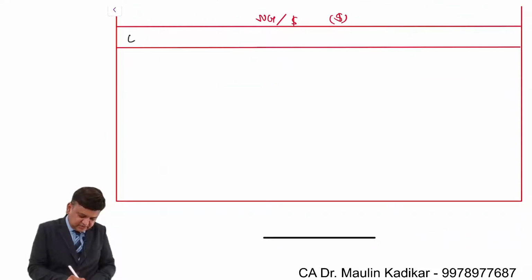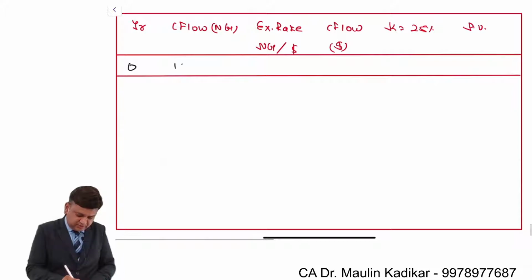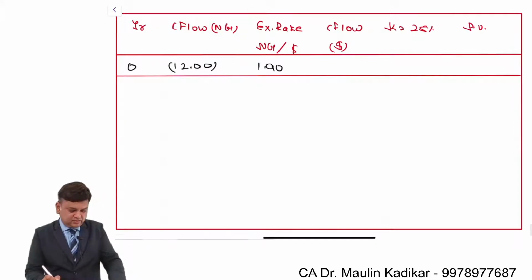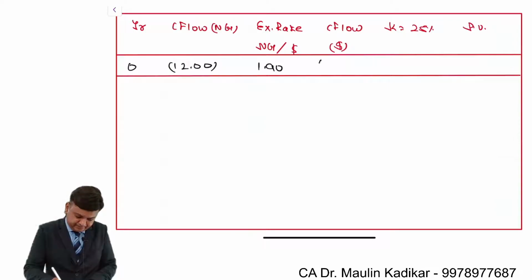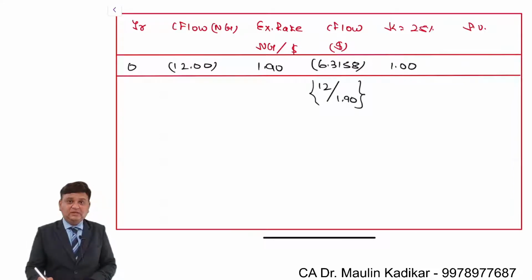Year 0 once again, it is 12 million guilders, exchange rate is 1.90. So 12 divided by 1.9, it is 6.3158. Year 0, that is, the discounting factor is 1.